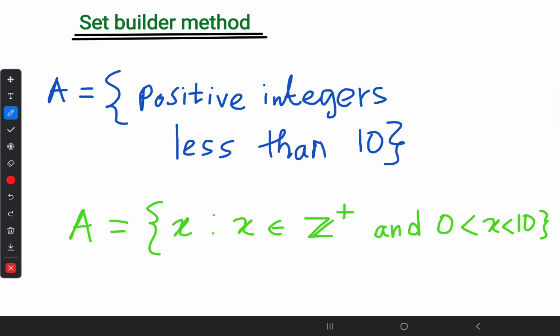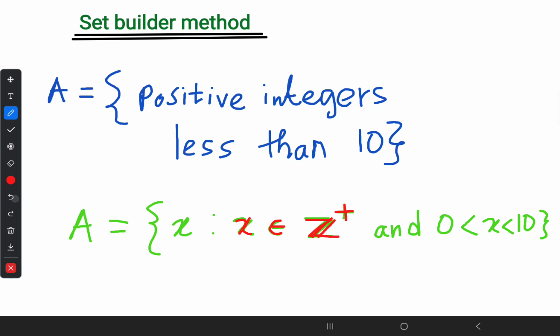The solutions, we are taking that one as x. X colon, we are going to express the characteristics of x. Instead of writing in words, we are using mathematical symbols to denote the characteristics of the solution for set A. That means the solution should be an element of positive integers.